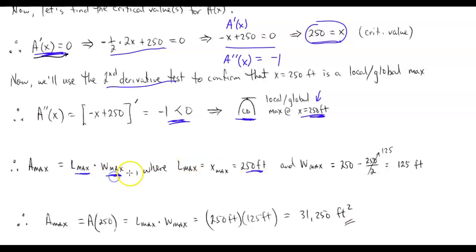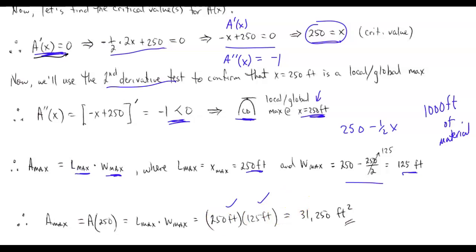Our width at a maximum is 250 minus 1/2 x, and plugging in 250 for x, we see it's 125. If we multiply 250 feet by 125 feet, we get 31,250 square feet. That will be the largest area that we can enclose with 1,000 feet of material.